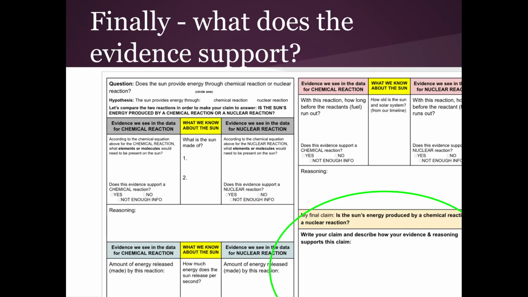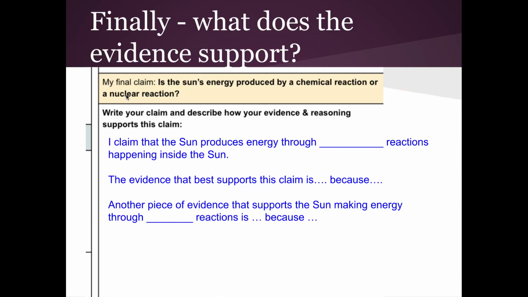Awesome. So finally, we need to make a decision. And you are in charge of this decision. So I'd like you to decide what your final claim is. Is the sun's energy produced by a chemical reaction or by a nuclear reaction? And I'm going to invite you to write your claim down. I claim the sun produces energy through chemical reactions happening inside the sun or through nuclear reactions happening inside the sun.